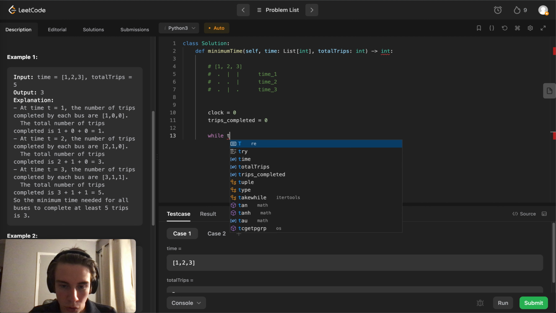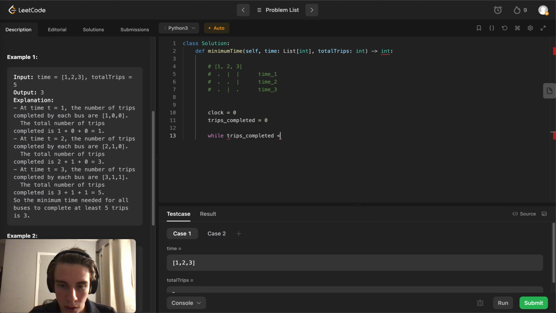While trips completed is smaller than total trips, so while we haven't reached our required total trips, we will iterate through the array of times.